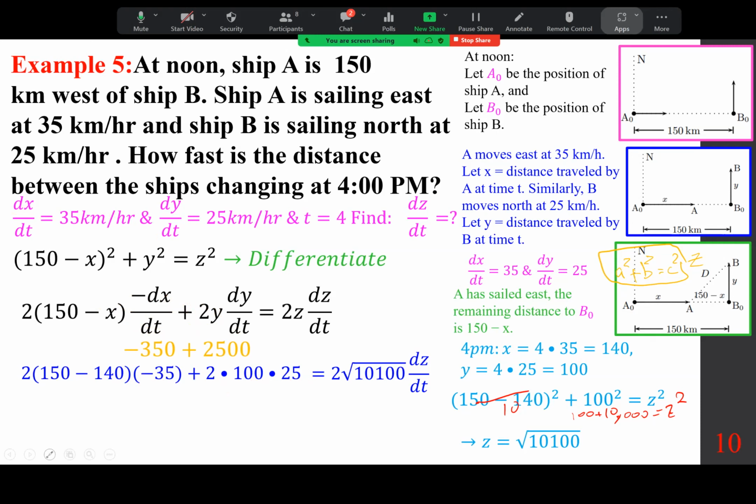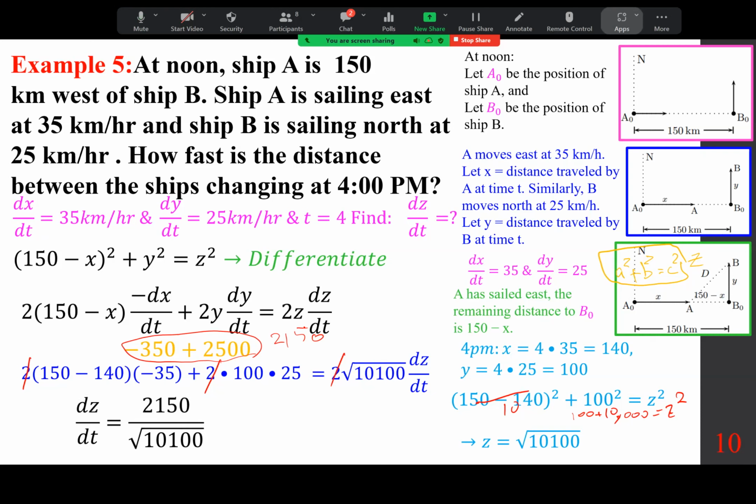By the way, I'm just dropping the 2's from both sides. You can factor out the 2 from both sides. And so this ends up being 2,150 divided by the square root of 10,100.